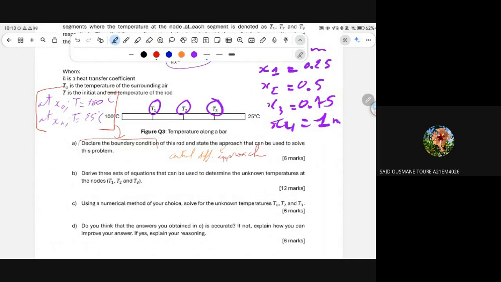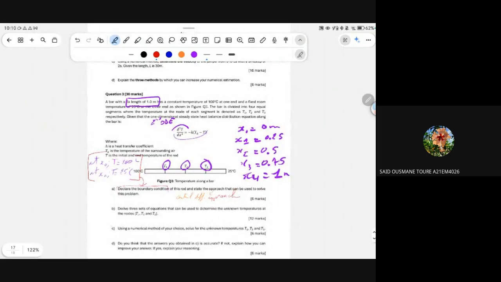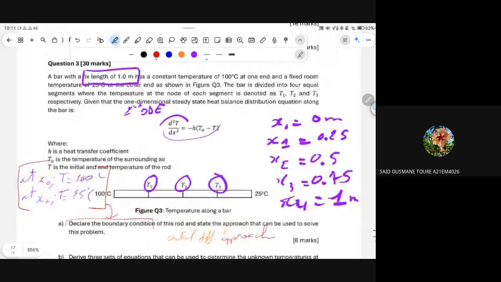Approach. Okay. B: derive 3 sets of equations that can be used to determine the unknown temperature at the nodes T1, T2, and T3. Now, this is where my problem lies. What do you understand exactly from this equation?